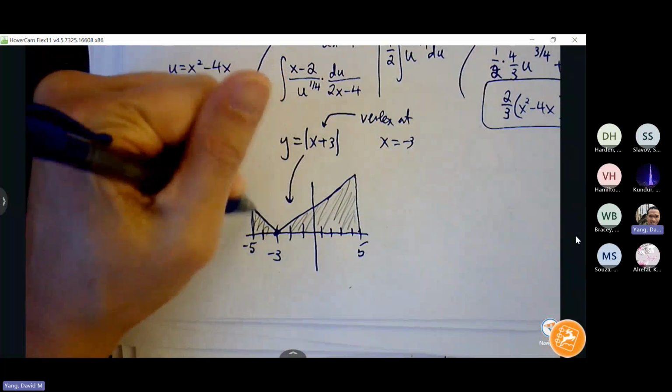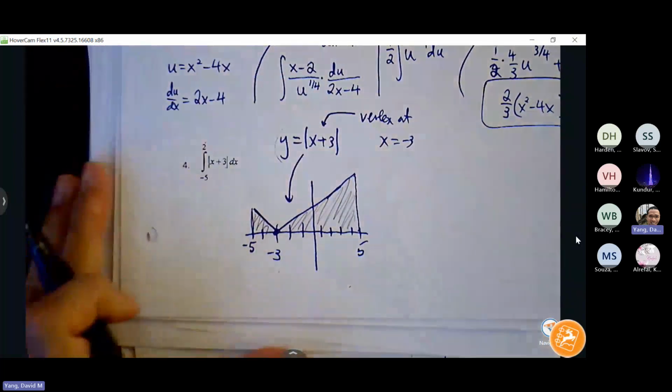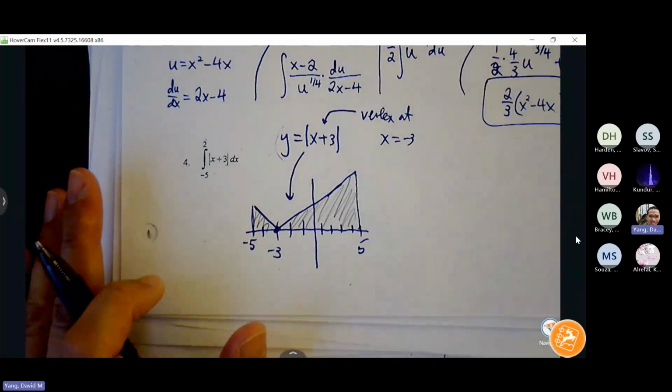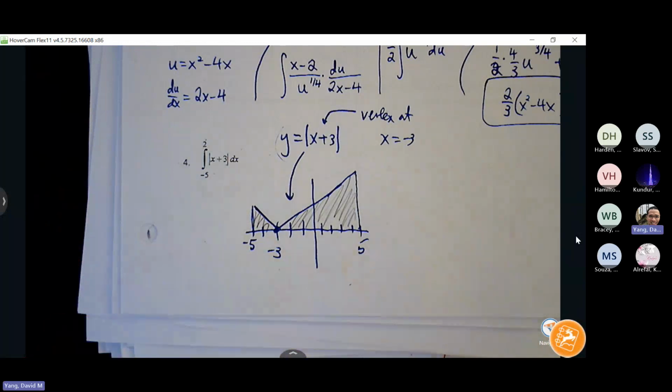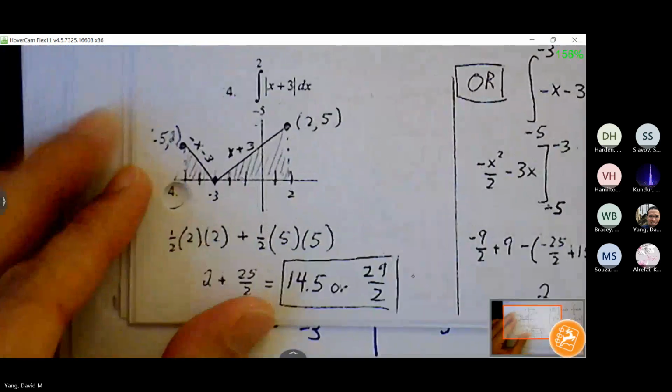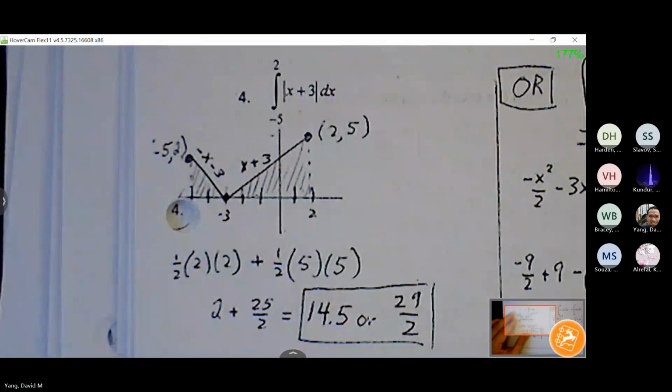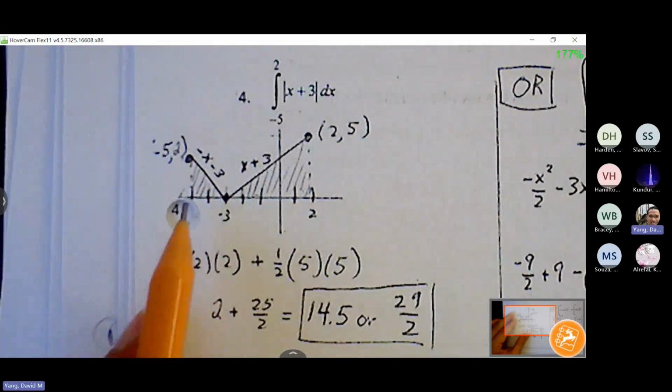So this V graph is y equals absolute value of x plus 3. The bounds are -5 to 2. Okay, so then we count our width.